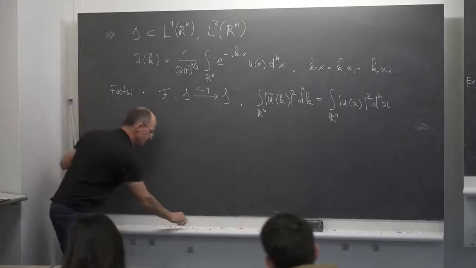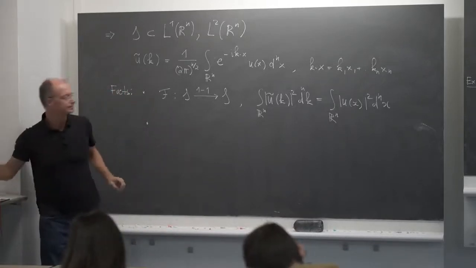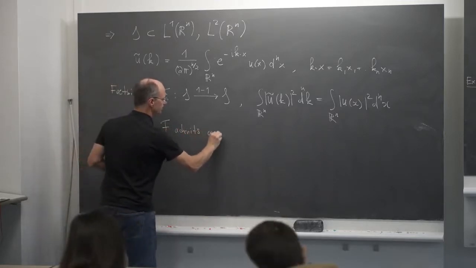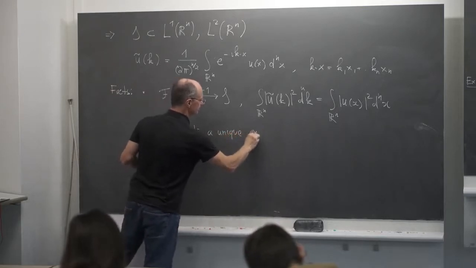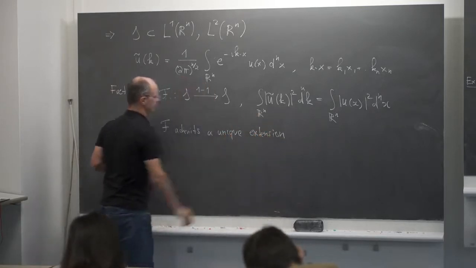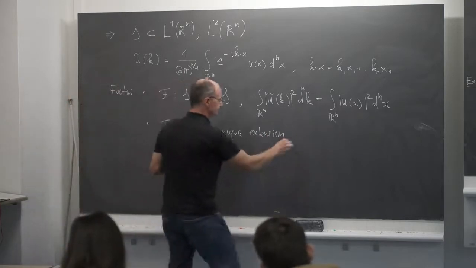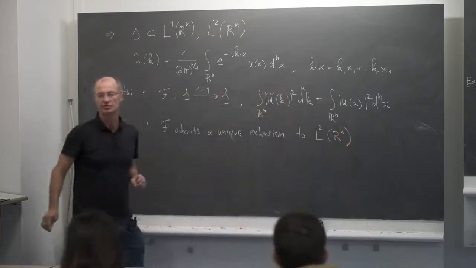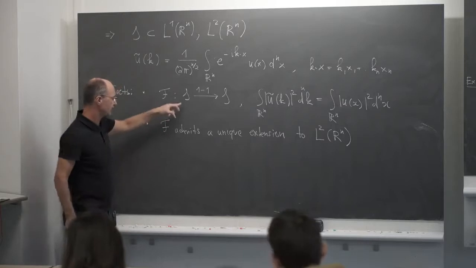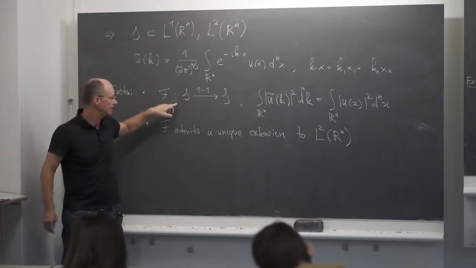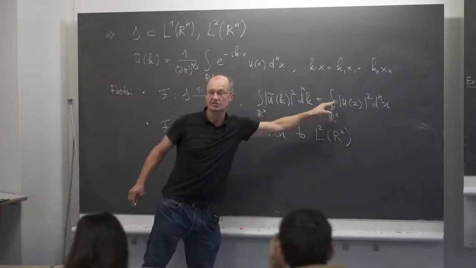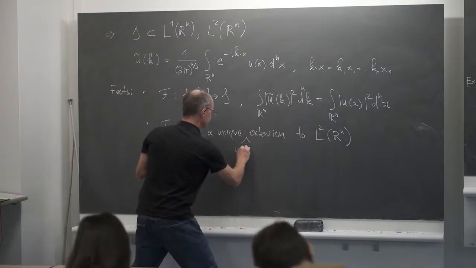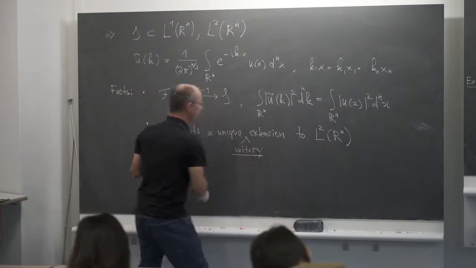And then as a consequence, F admits a unique continuous extension to L2 of Rn. So now instead of S, we take L2, and we still have a bijection which satisfies this property, a unique unitary extension.